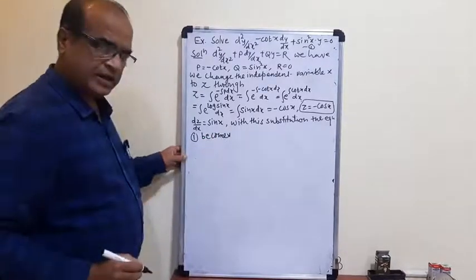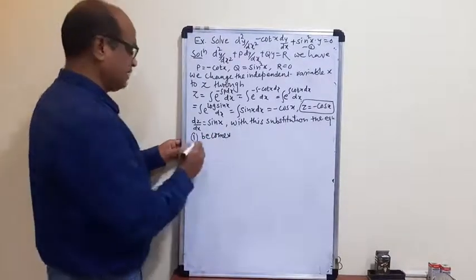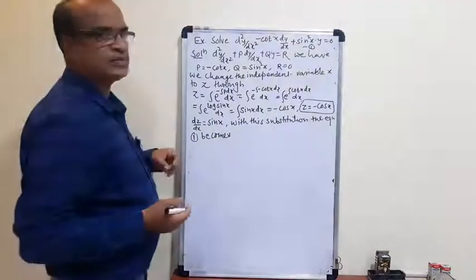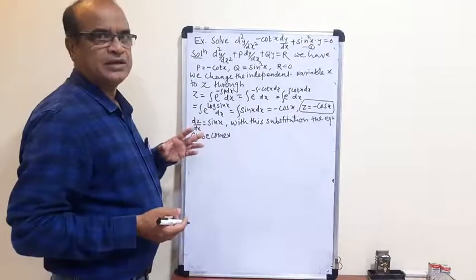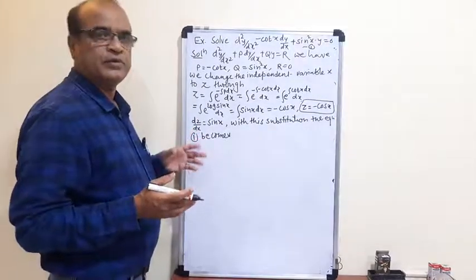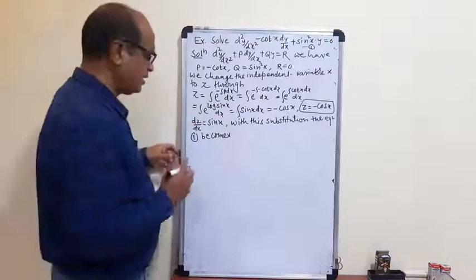so what happened here? This equation becomes here. By using the theory, we just explained the theory to find the solution of the second order differential equation by changing the independent variable.